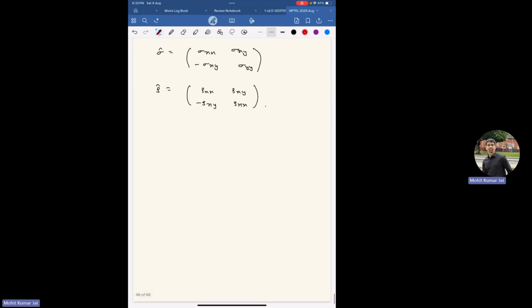Let me explain the notations here. Your sigma xx is the longitudinal conductivity. In simple words, it's the current response parallel to the applied electric field, in the direction of the applied electric field.